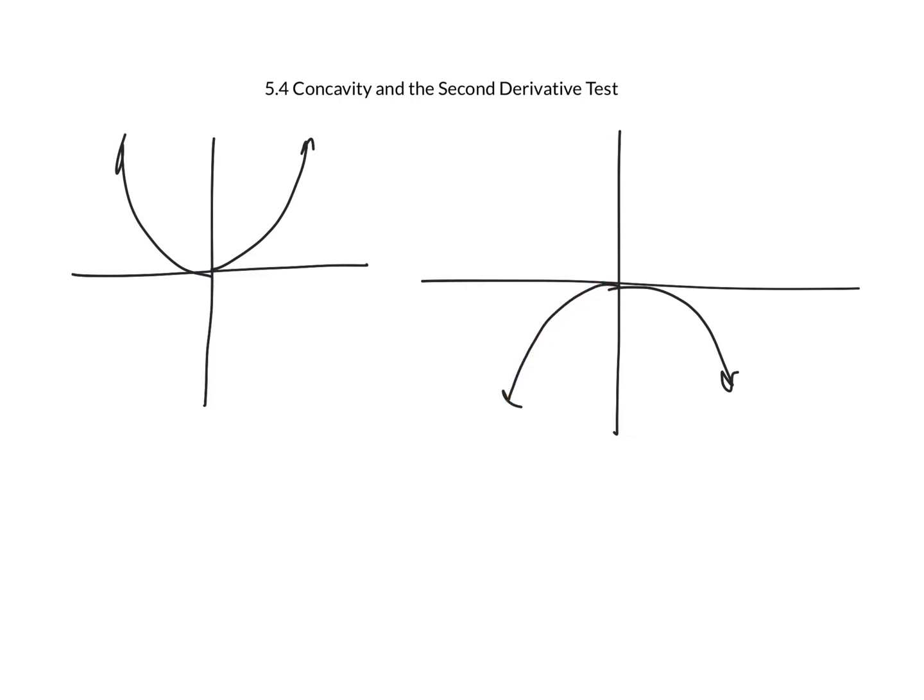So that's something to keep in mind whenever we are trying to tell if it's concave up or concave down. It's solely based on, as you'll see in two slides, testing it using your second derivative.